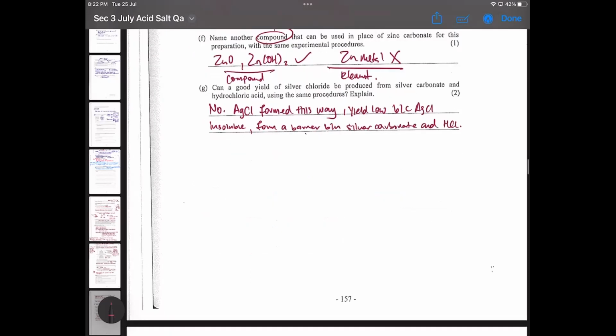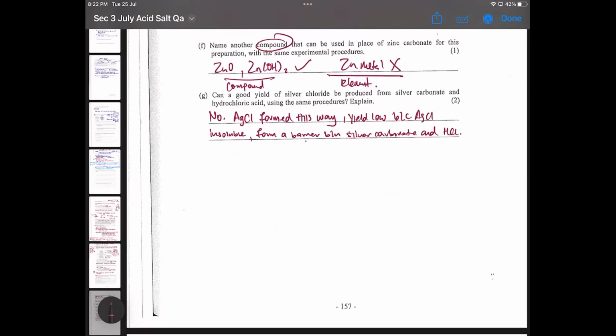Okay, so basically, this excess method where we throw in the excess of zinc carbonate and things like that, right? It doesn't work for insoluble salt. And on a side note, this is also the reason why for the insoluble salts, you cannot add carbonate, metal oxide, metal hydroxide, or the metal directly to the acid.